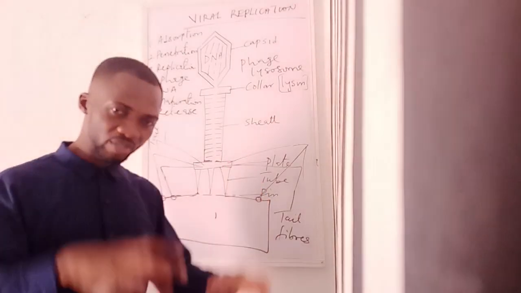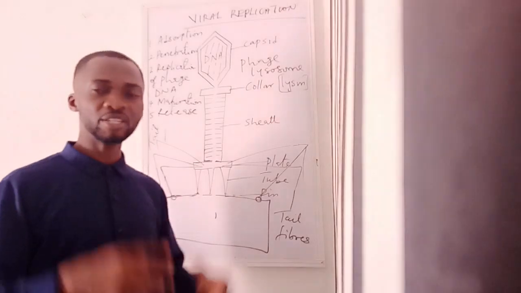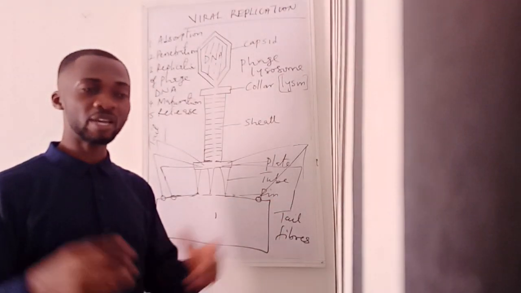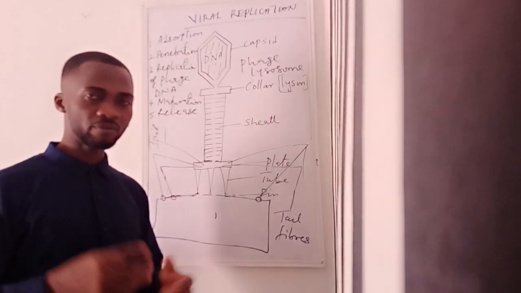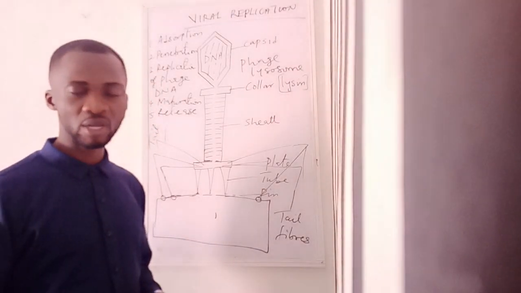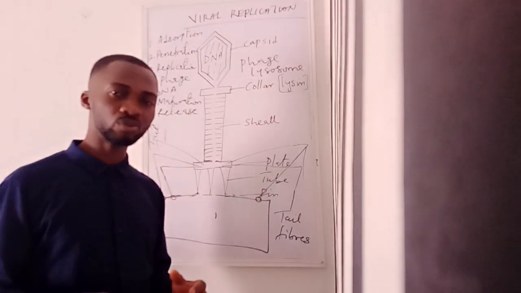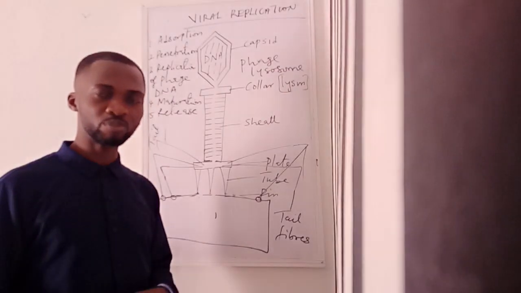So they depend on the ATP that is produced from their host for any form of metabolism or any form of activity that goes on in the virus. And of course, when it comes to protein synthesis, you also discover that viruses do not have the ribosome that is also necessary for protein synthesis.